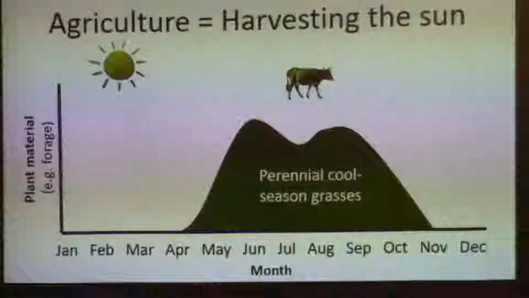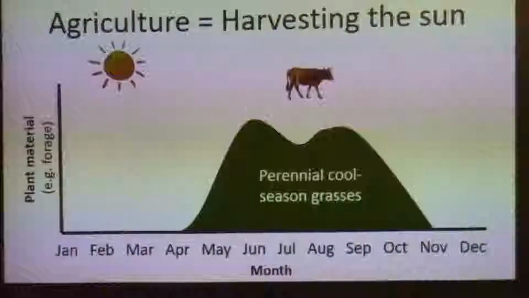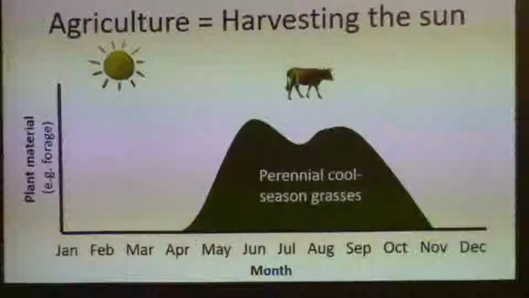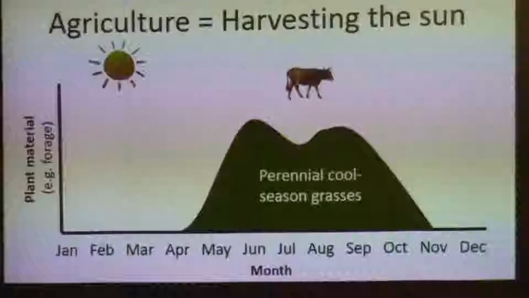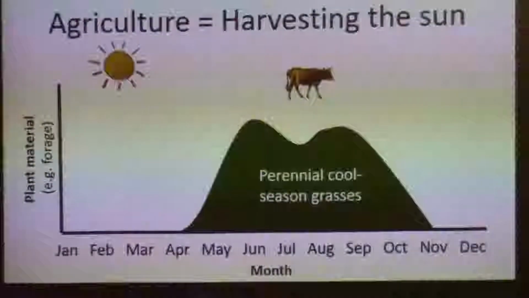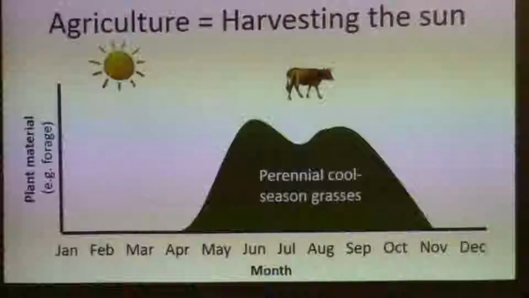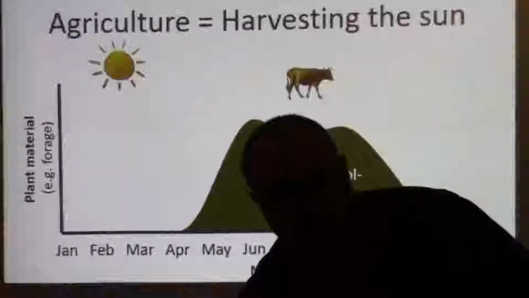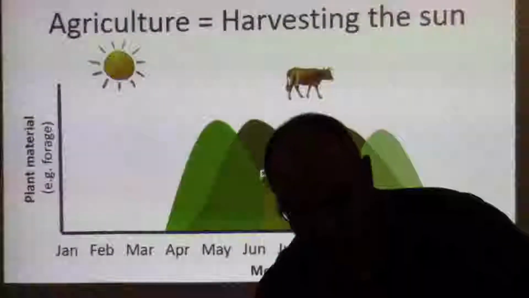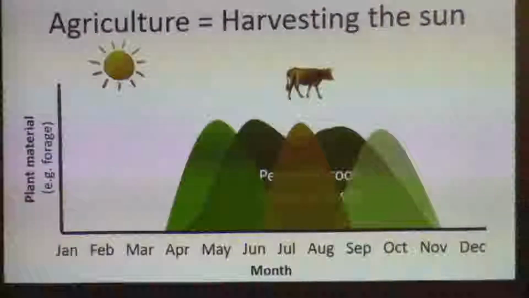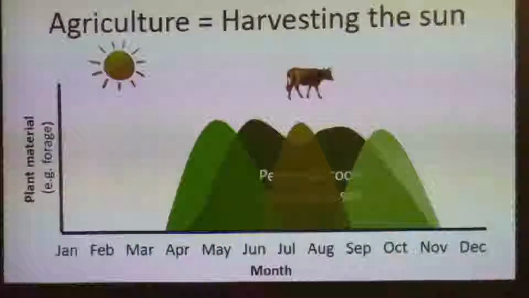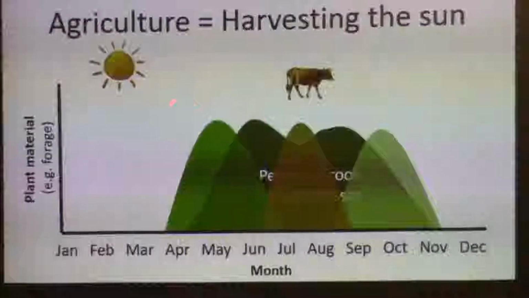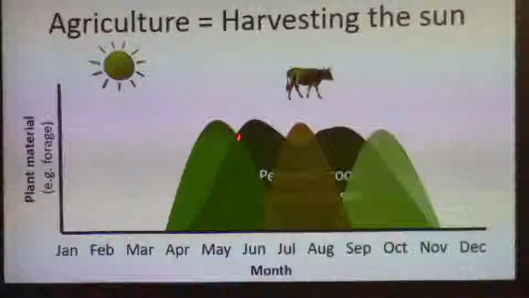And so the first thing I want to talk about is a set of experiments and projects that we've been running for the past 4 years now, asking the question, can we identify annual forage crops, so not perennial forage crops, but annual forage crops that might fill in some of these gaps in the perennial forage growing season?